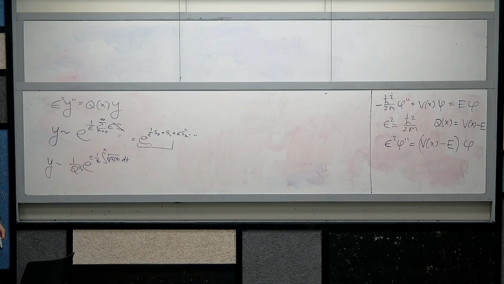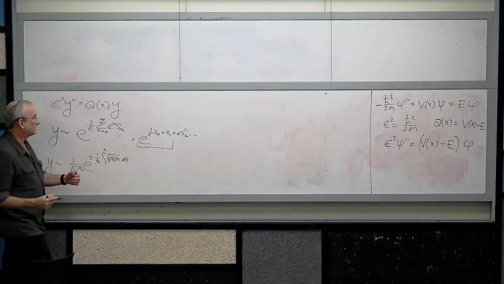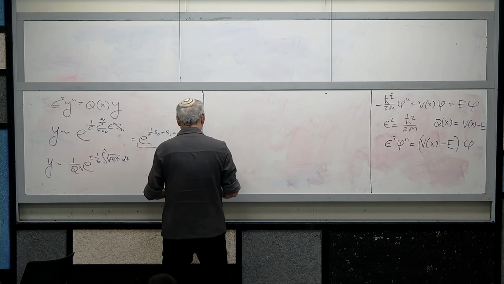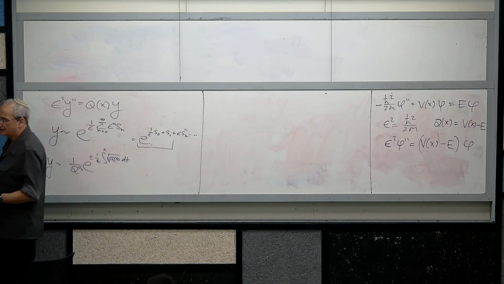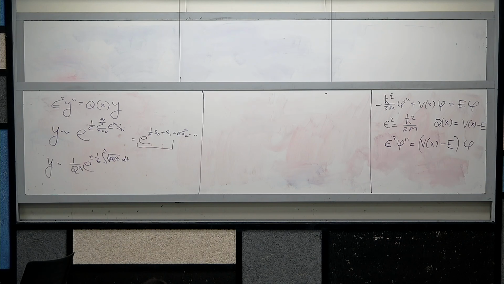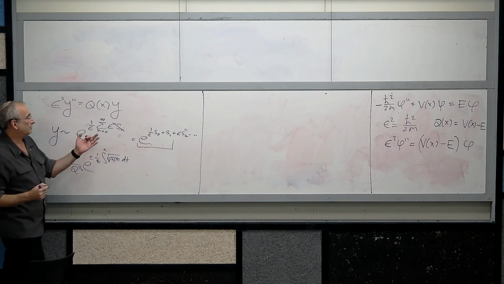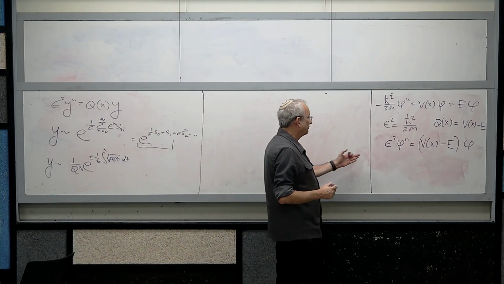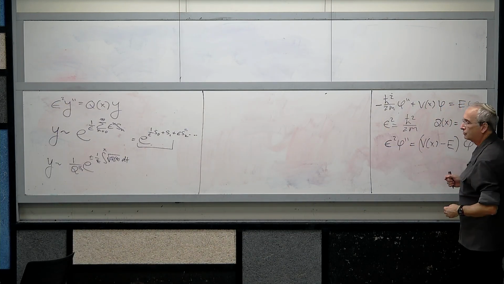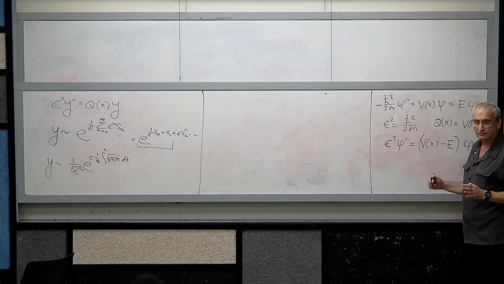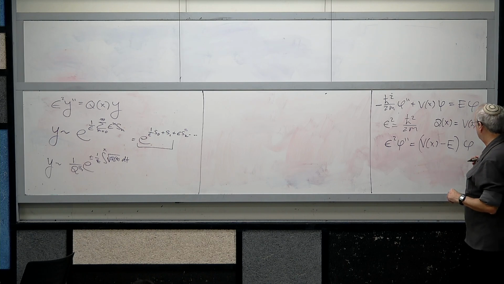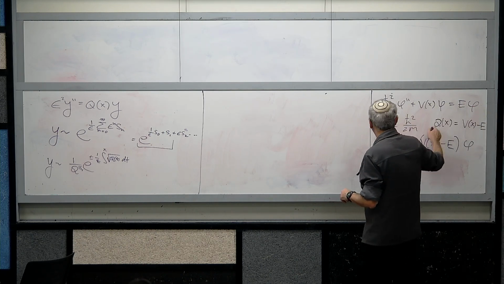Now we want to use it. What will happen if we implement this solution in the Schrödinger equation? You see what Q is.